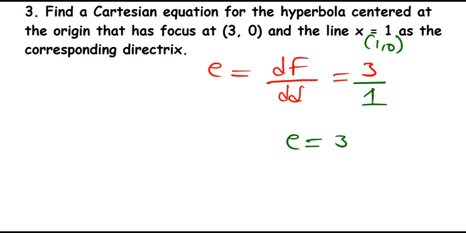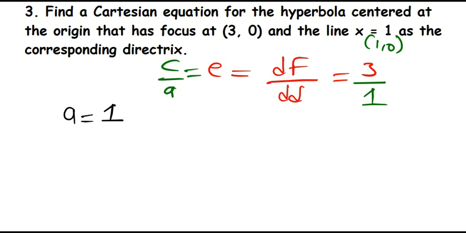Now we can make use of that to help us simplify. The formula, on the other hand, says eccentricity is c over a. We can try to make use of that and see what we end up with. In this case, a is equal to 1.